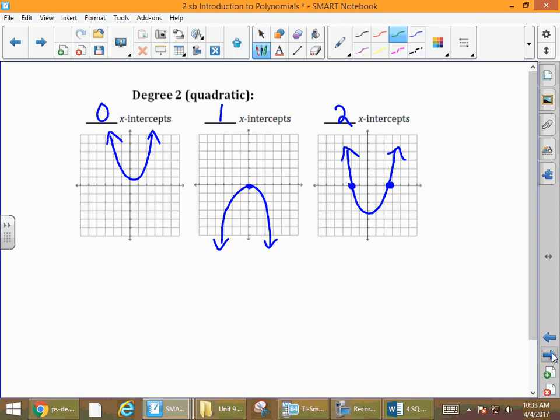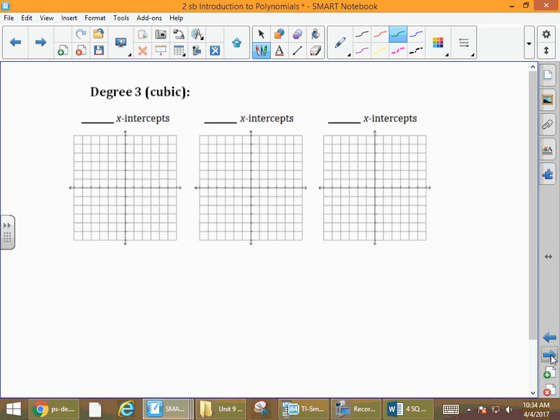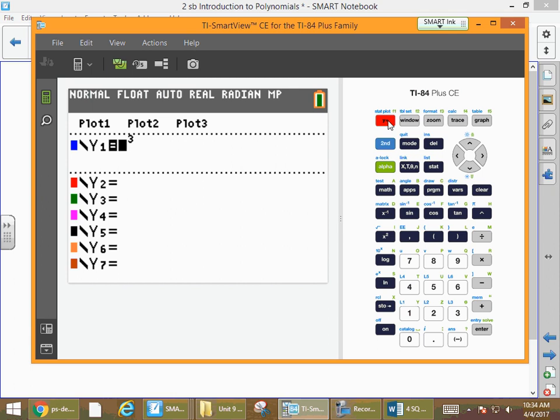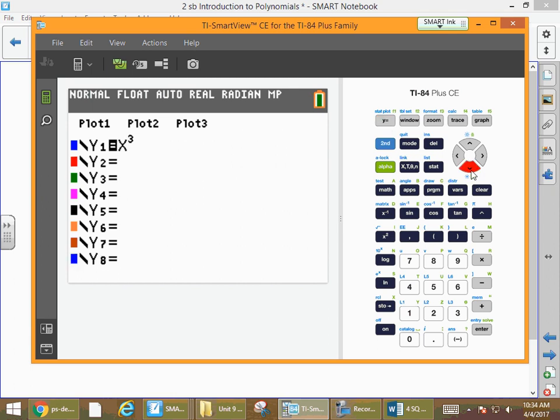If we look at our cubic functions, let me pause for a second to get people caught up. So if we look at our cubic function, I want to show you one particular picture. Here I have it on there. What I typed into the calculator was y equals x cubed.